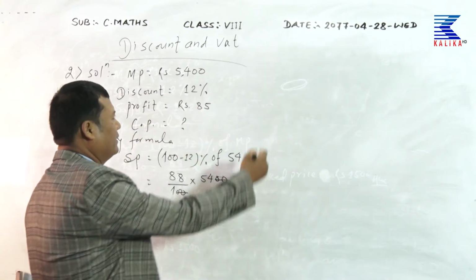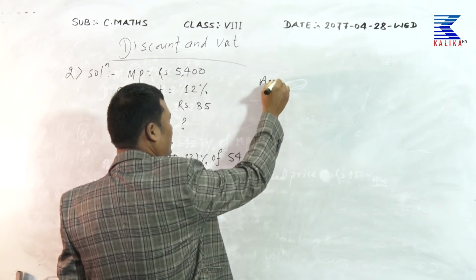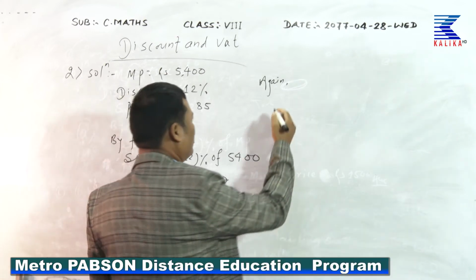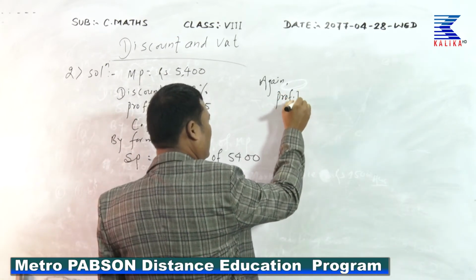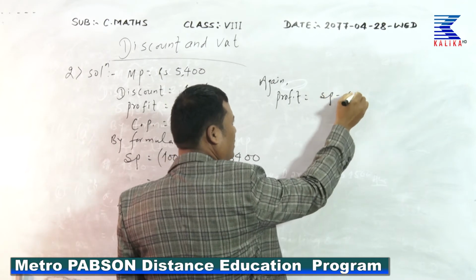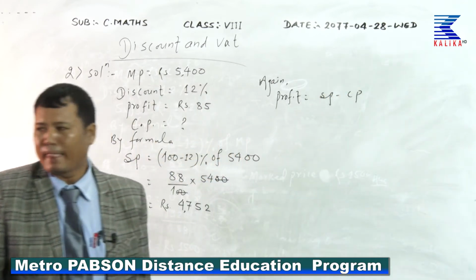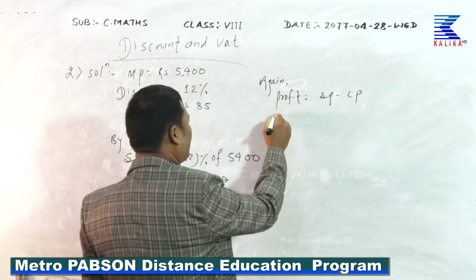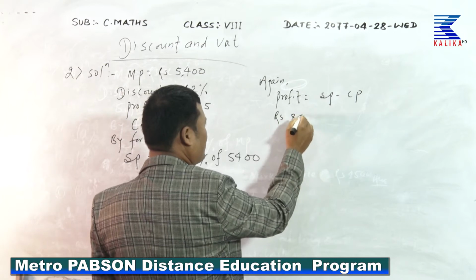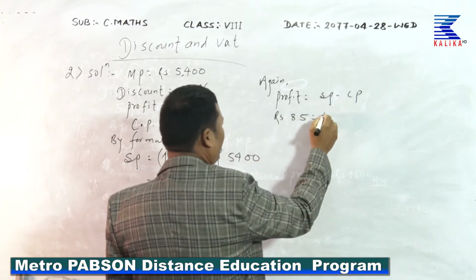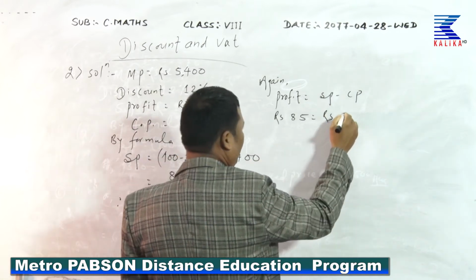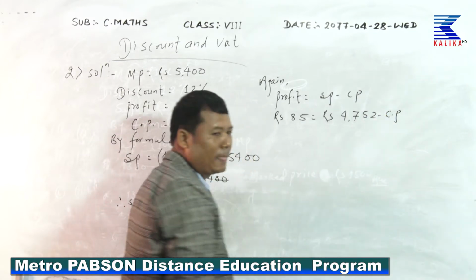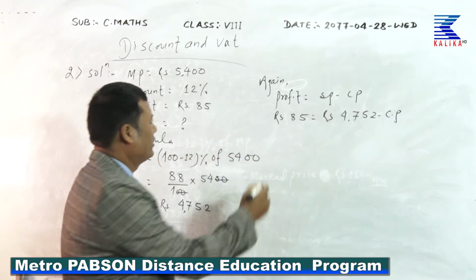And again, profit is equal to SP minus CP. What is profit? Rs 85 is profit. And what is selling price? Rs 4752 minus CP.